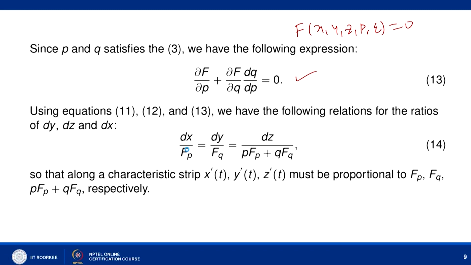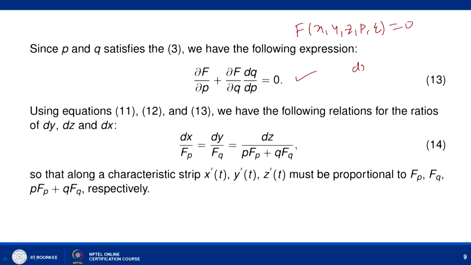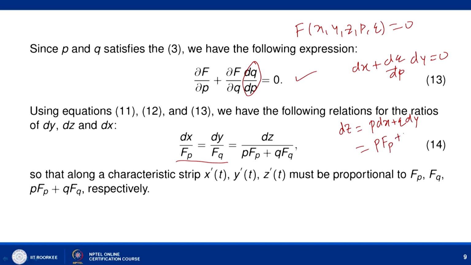Recall the previous relation, dx plus dq by dp dy equal to 0, and here we have this relation. So we can equate the value of dq by dp from these two equations and have the relation dx by fp equal to dy by fq, and we can get the ratio for dz, that is p dx plus q dy, giving dz by p fp plus q fq.